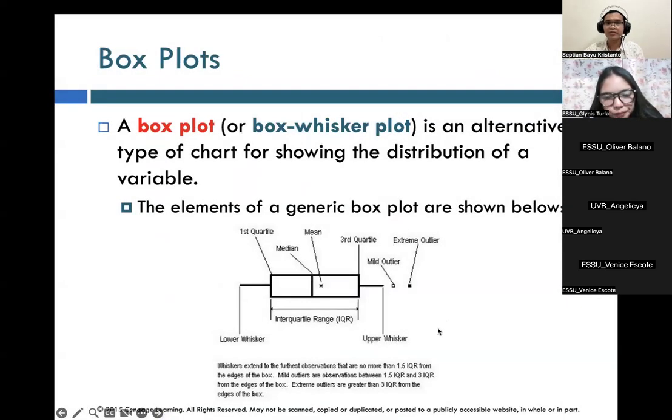The next way of representing data is the box plot, or box-and-whisker plot. What is a box plot? It is like an advanced statistical model. You need to find the first quartile, the median, the mean, and the third quartile to create the box. I think it is quite advanced in terms of numbers and analysis.